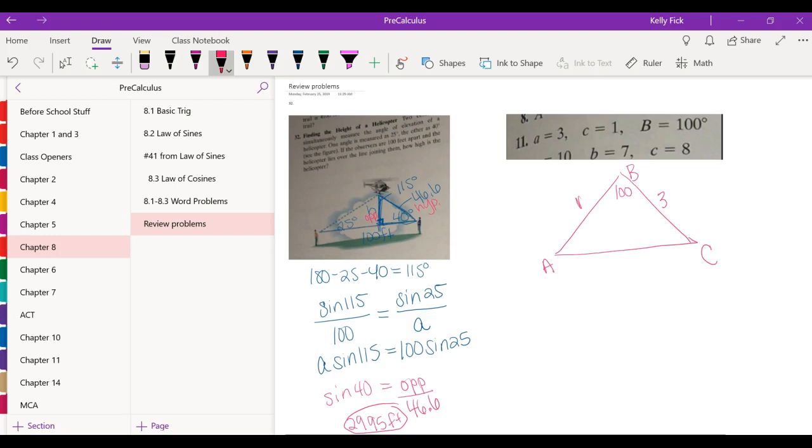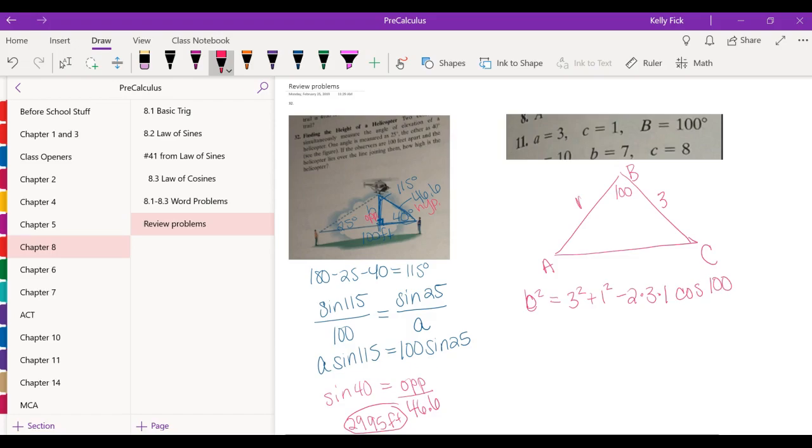And the reason we know it's law of cosines is we don't know the side across from the 100. Okay? So I would do B squared equals little a squared is 3, C squared is 1, minus 2 times 3 times 1, cosine of 100.